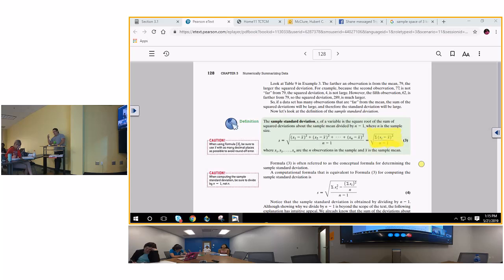Okay, so right now the 2 out of 4 that y'all have said is the mean and the median. No, the mode is not that important. The mid-range is important. And the standard deviation. Got it?